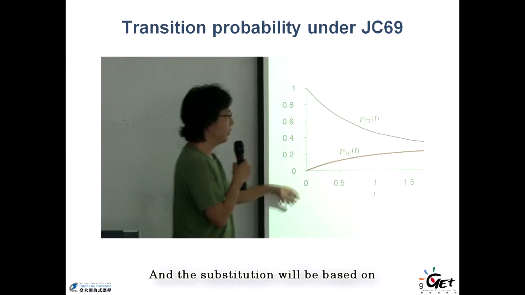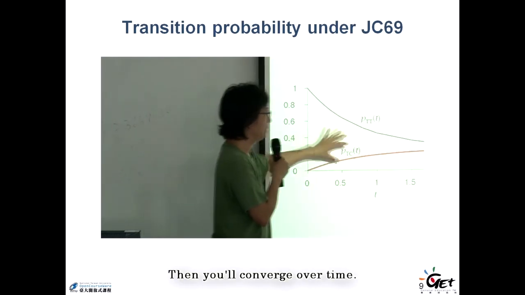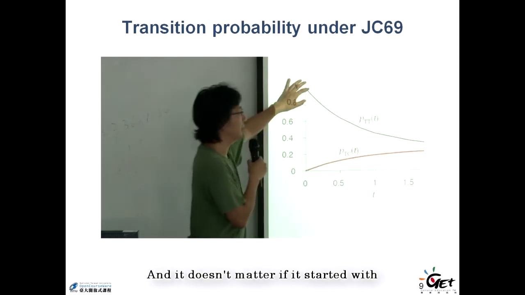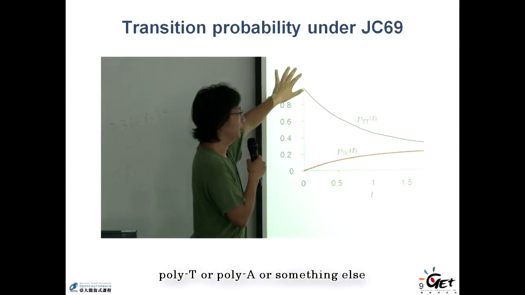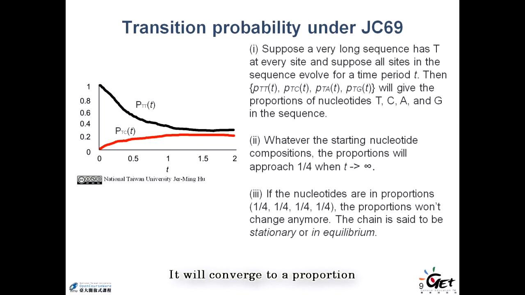The substitution will be based on the proportion of the observed data, and then it will converge over time. It doesn't matter whether it started with poly-T or poly-A or poly-something else, it will converge to the proportion of the observed nucleotide percentages, like in this case an equal percentage for A, C, G and T. So anyway, as long as t is known, the calculation can be done, in this case in equilibrium.